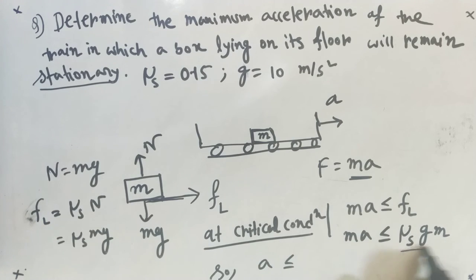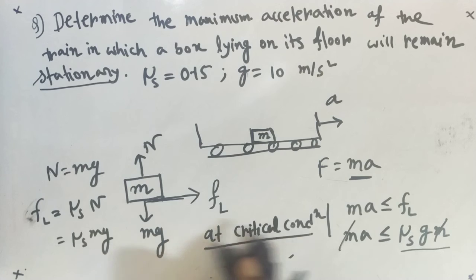So what will be the maximum acceleration? a is less than or equal to mu s into g. So the maximum acceleration will be mu s into g.